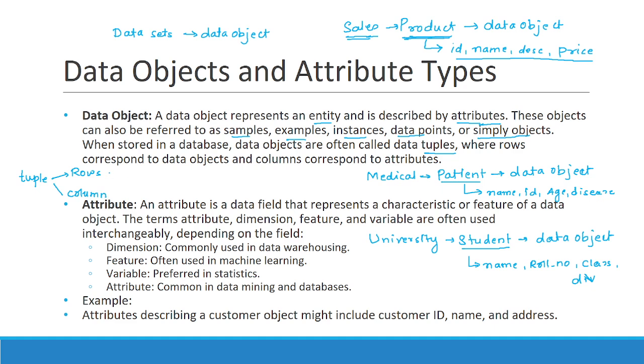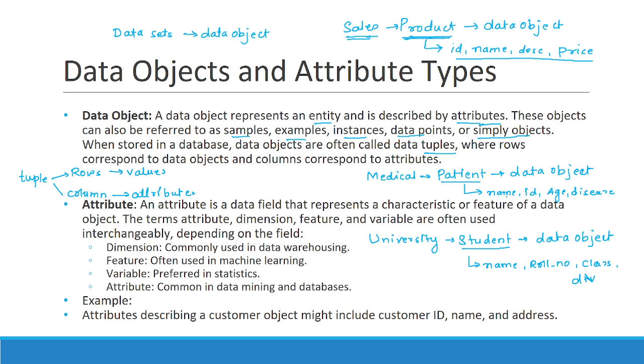So what is there in rows? Records. In rows we have values, and in columns we have attributes, right? So every tuple will have rows and columns. For patient, name, ID, age, and disease are attributes, and they will have some value.